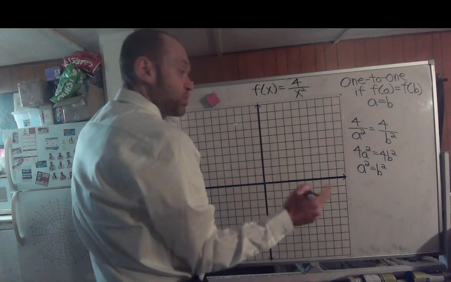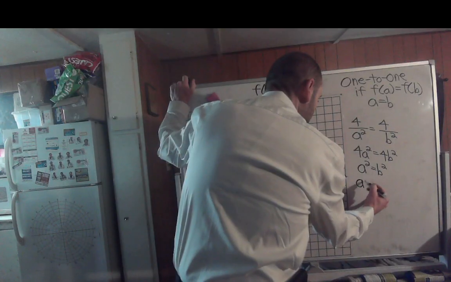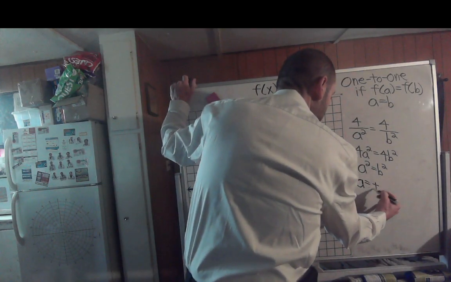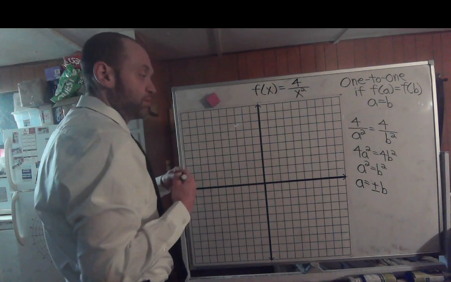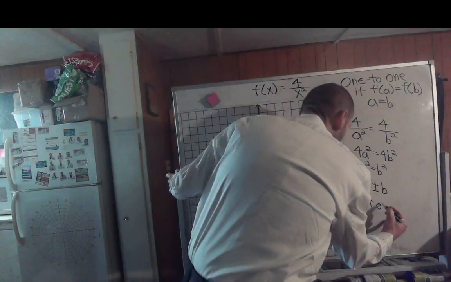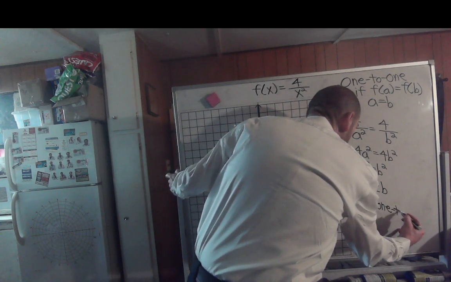Now we take the square root of both sides, you would get a equals both plus and minus b, because you got to take the positive and negative square root of the right side. Since a equals both plus and minus b, this is not one-to-one. This is not a one-to-one function.